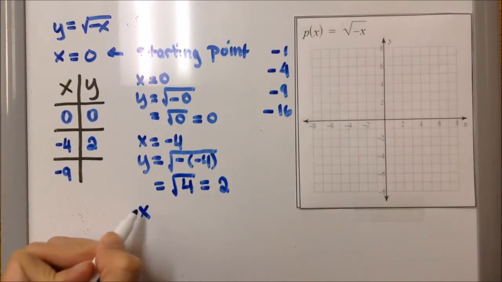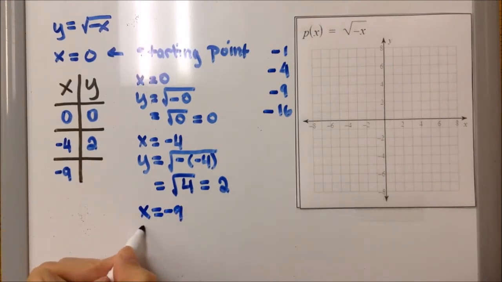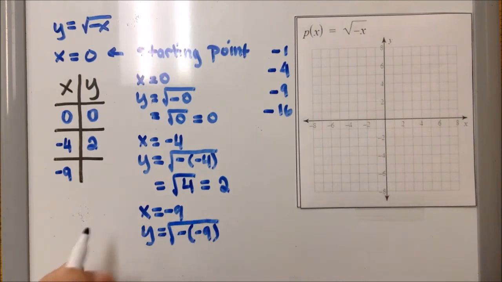Same process for x equals -9. Again, negative from that function, plugging in -9, and then our square root. So inside the square root we have -9.